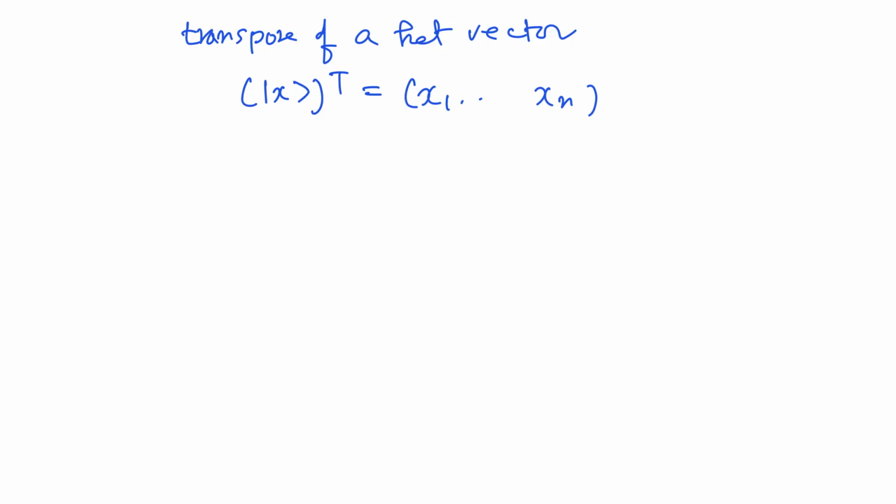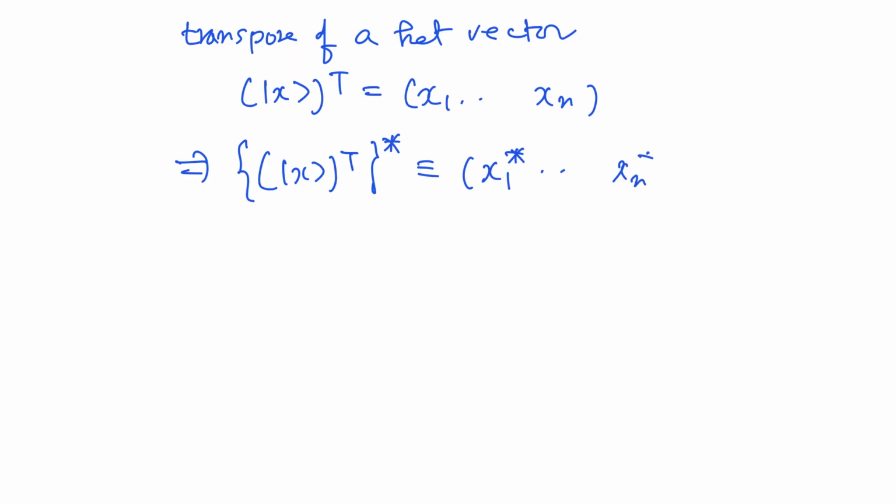And then if you take the complex conjugate on top of this transpose, after this step we take x transpose and complex conjugate, x1 complex conjugate through xn complex conjugate, which is defined as the adjoint operation.